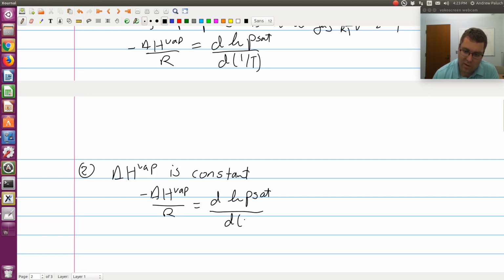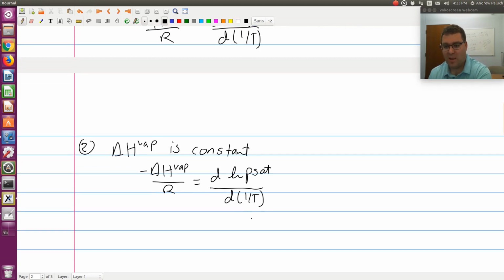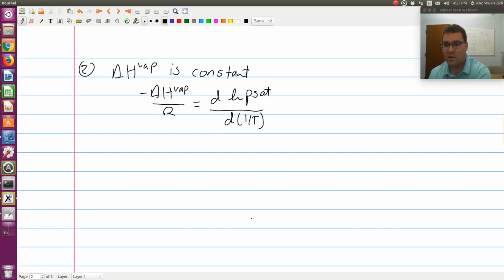Okay, the significance of it, though, is now if I want to get an expression for vapor pressure as a function of T, with delta H vaporization being constant, independent of temperature, I can just separate and integrate.